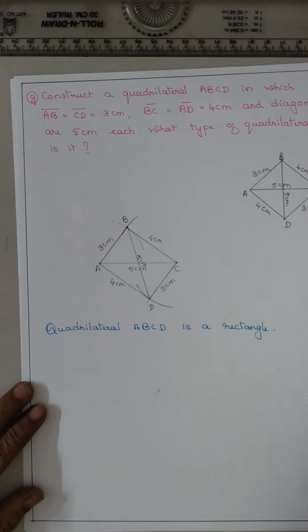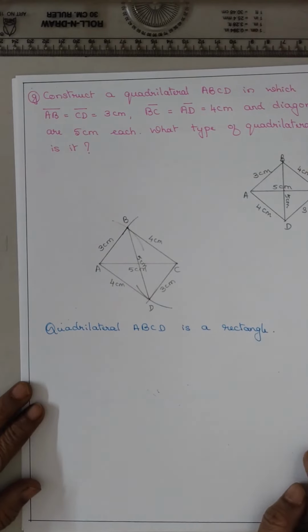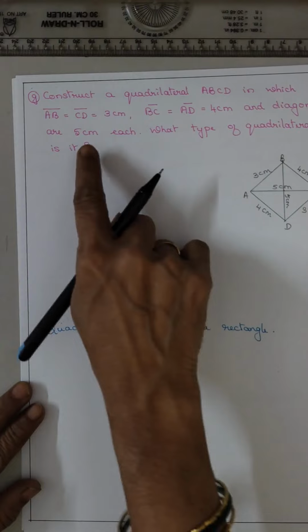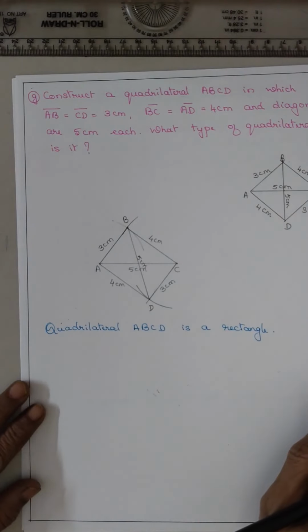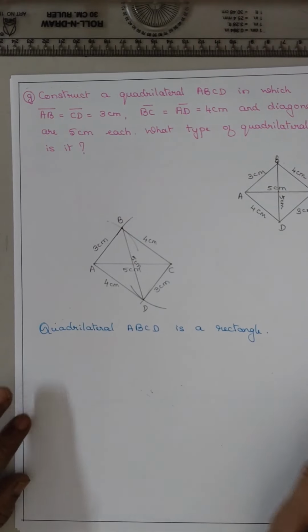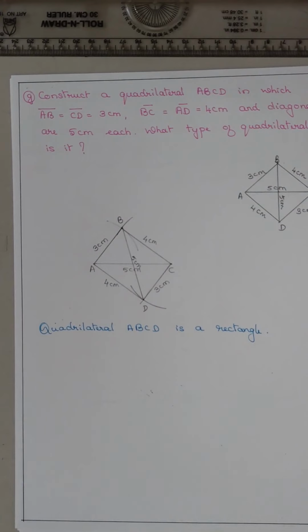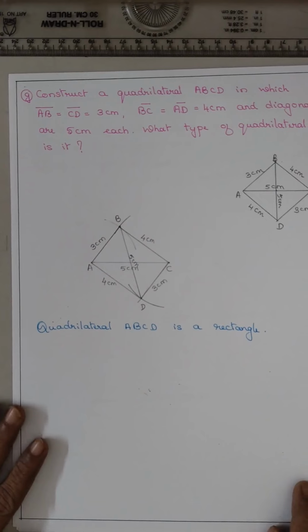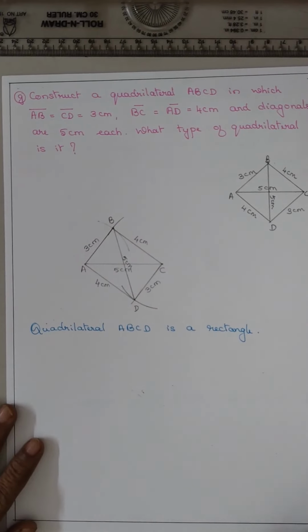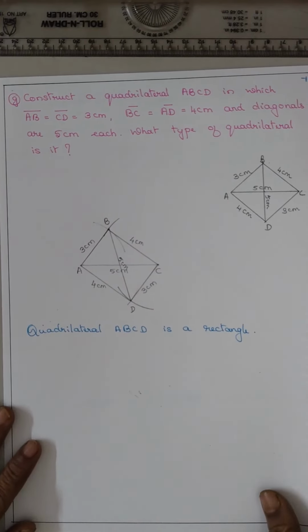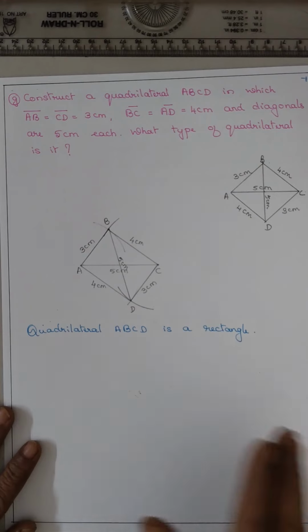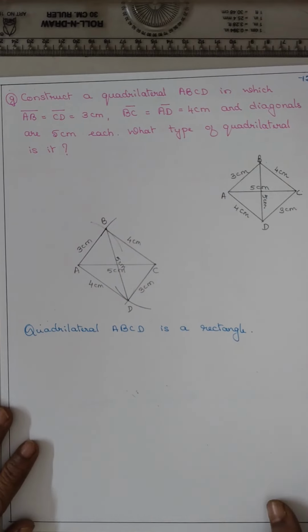Why? Because the opposite sides are equal and the diagonals are also equal. So hope you remember from the understanding quadrilateral lesson all the properties of all the types of the quadrilaterals. So accordingly you have to find out which type of quadrilateral it is.